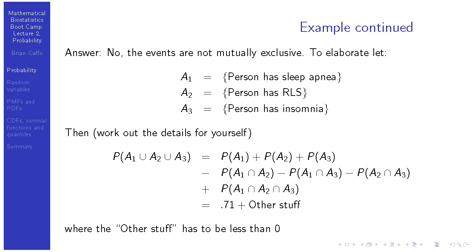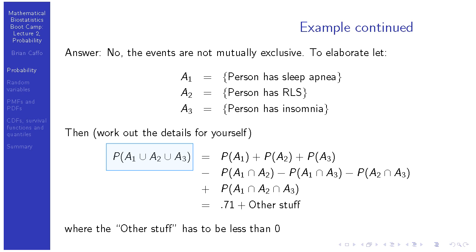So let's let A1 be the event that the person has sleep apnea, A2 be the event that the person has restless leg syndrome, and A3 be the event that a person has insomnia. I'm going to gloss over the details, but the probability that a person has at least one of these diseases is, we're talking about the union, A1 union A2 union A3. So we want to know the probability of the union.